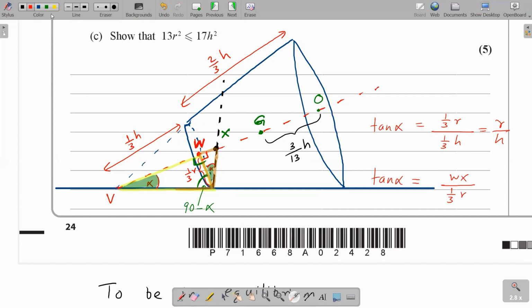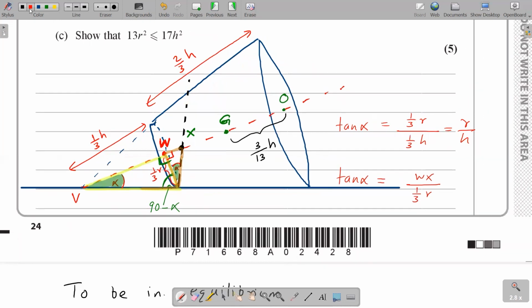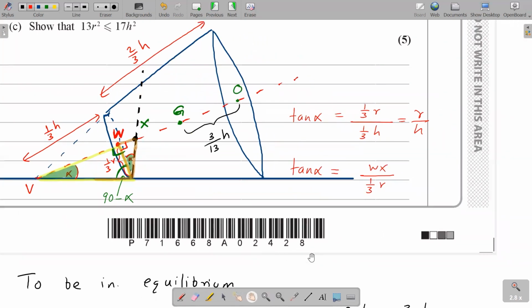So tan alpha value, now we know it, right? Tan alpha value is r over h. Do you agree with me? And I can find WX now. So tan alpha is r over h equals WX over 1 over 3r. So multiply, WX equals r over h into 1 over 3r. So what do you get here? 1 over 3r, I brought it immediately as a multiplication.